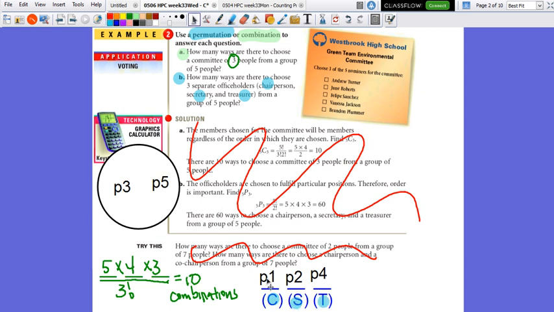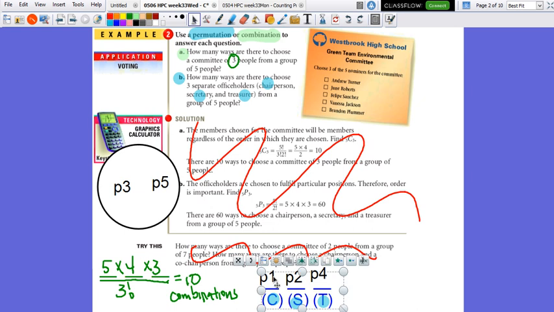Now, currently the way it looks right now, P1 is the chairperson and P4 is the treasurer.